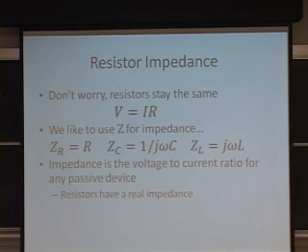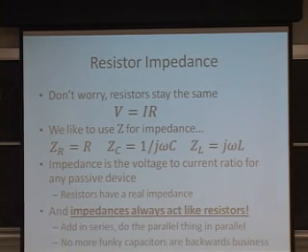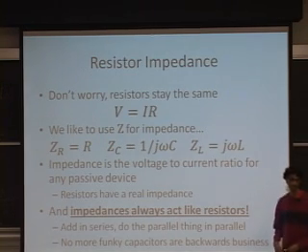The key thing to remember is impedance is the voltage to current ratio for any passive device. So resistance was just for resistors, but now impedance is for everything. Resistors have a real impedance.